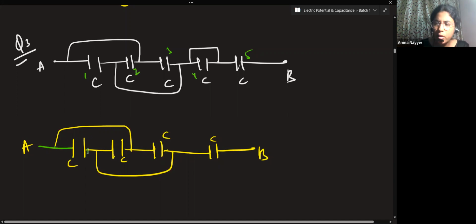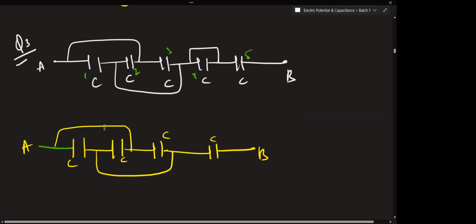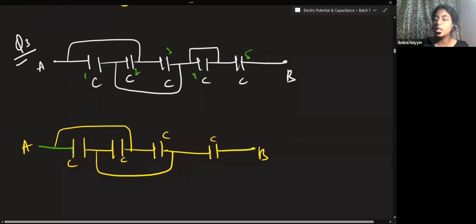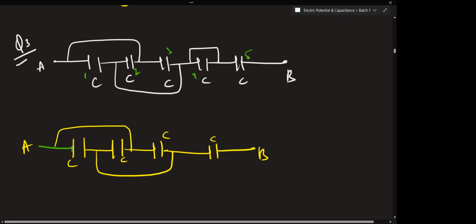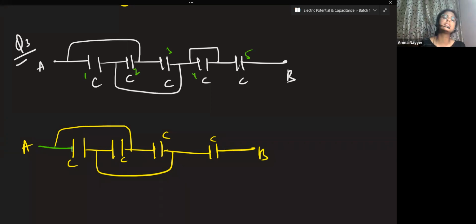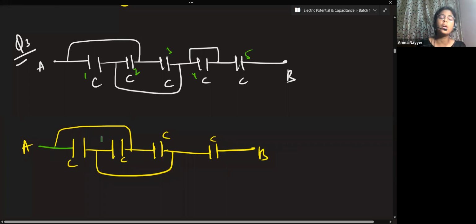Can we jump and cross it? Khalid, can we jump and cross it and write the same voltage? No. Capacitance changes your potential, so you cannot cross it because potential is getting changed.